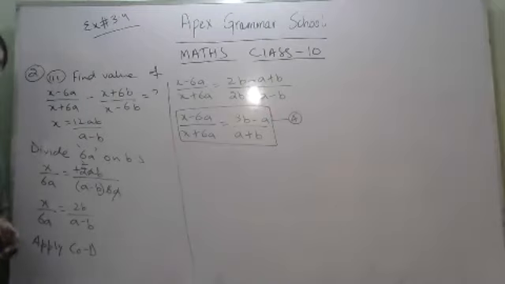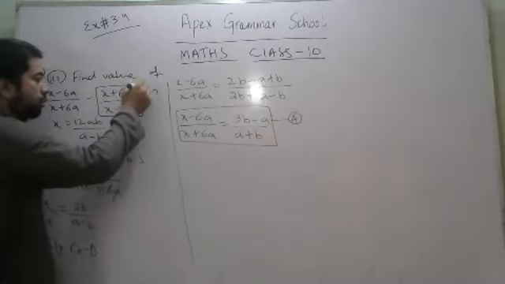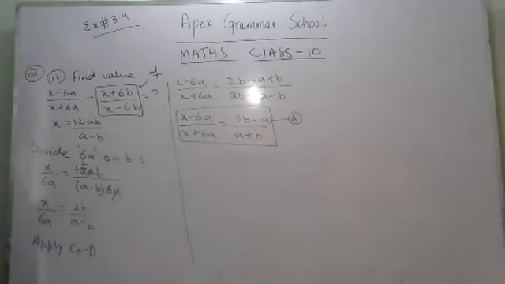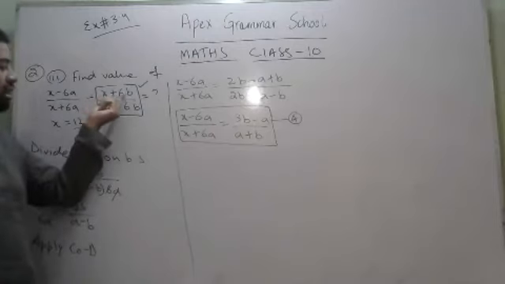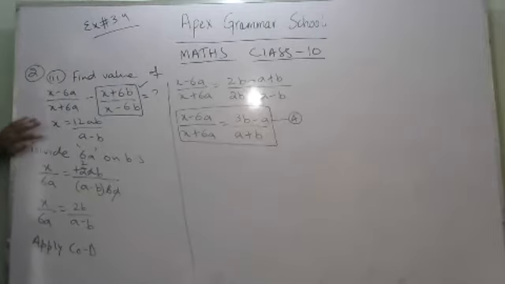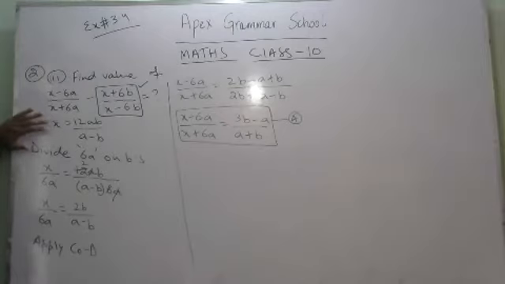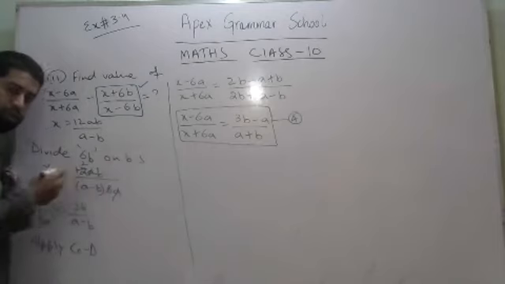So you can see that the componendo and dividendo theorem is applied here between x and 6b. So our requirement is x will be the numerator and 6b will be the denominator. But here 6b is not on the denominator. So you need to divide 6b on both sides.